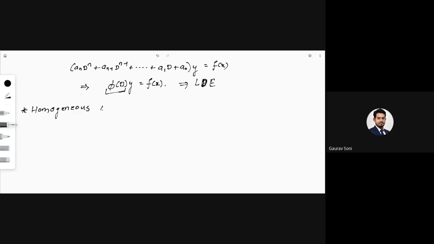Homogeneous linear differential equation if in phi of D acting on y is equal to f of x, f of x is equal to 0.